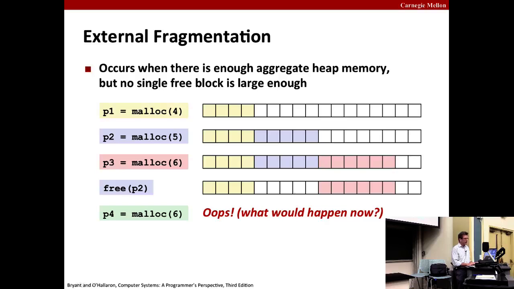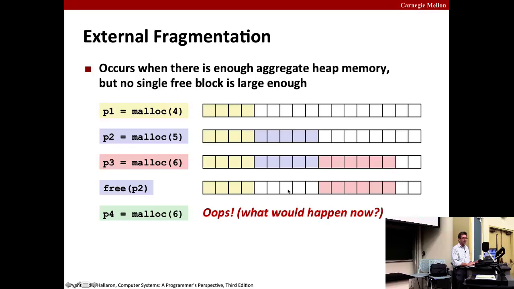And it's because of this phenomenon called external fragmentation. For example, if we'd have somehow allocated... I don't think we could have avoided the external fragmentation in this case. But nonetheless, there's enough memory here.